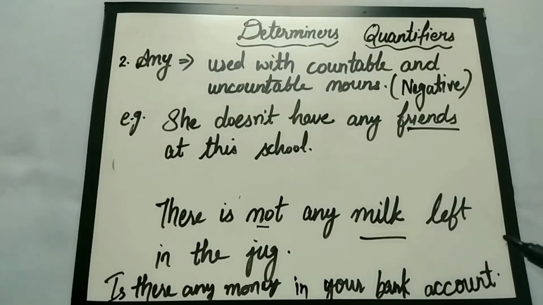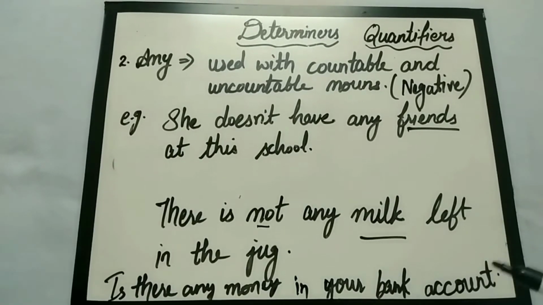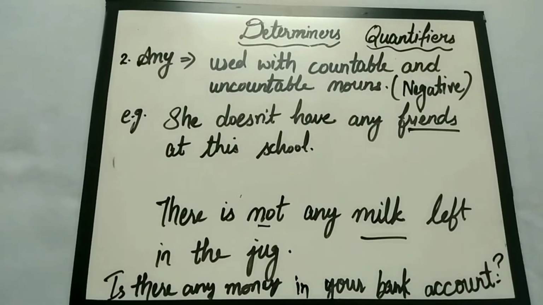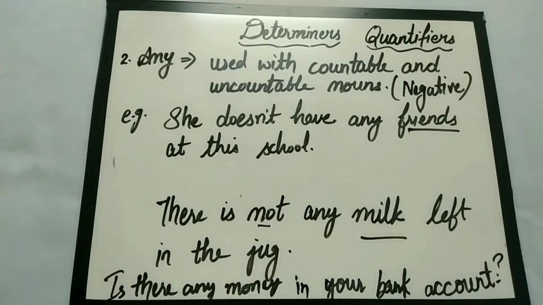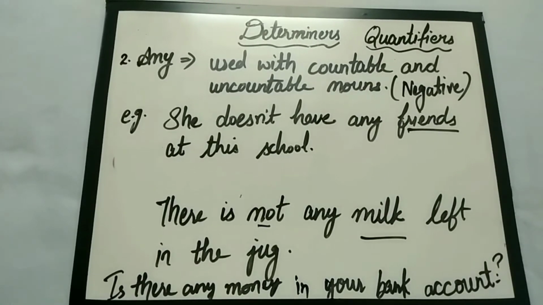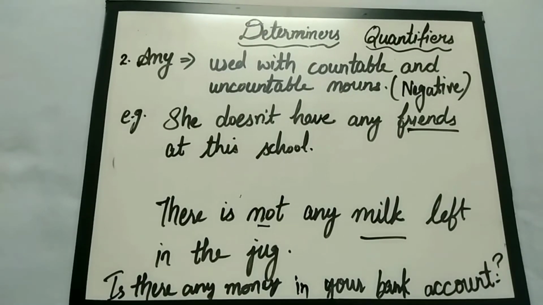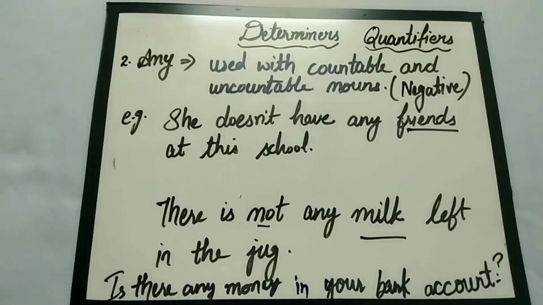Neutral means it is not following any of the rules. It is a question, and it is not a negative sentence, and it is not a positive sentence. It is just a question in which the person is asking, is there any money? So this is how the word any is used.